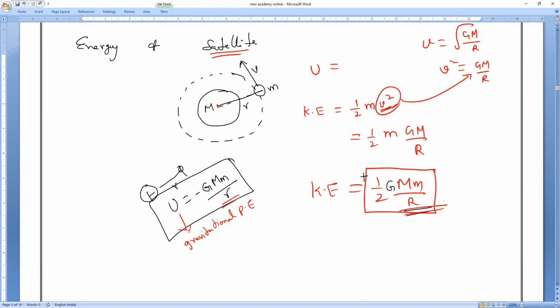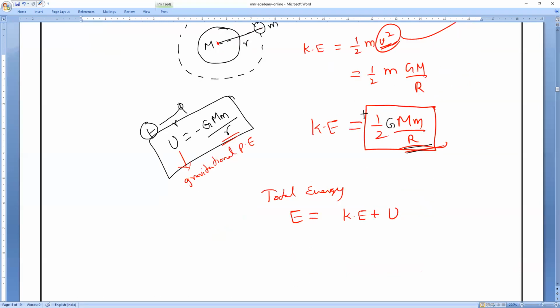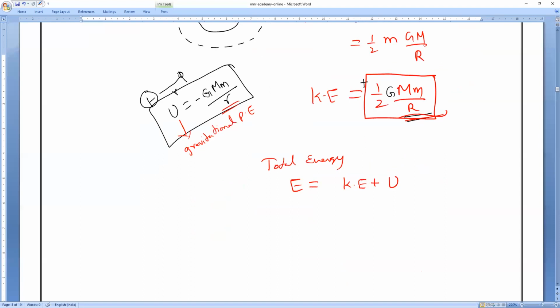Now we want the energy of a satellite, that is, the total energy. We all know it is the sum of two energies: kinetic energy plus potential energy.